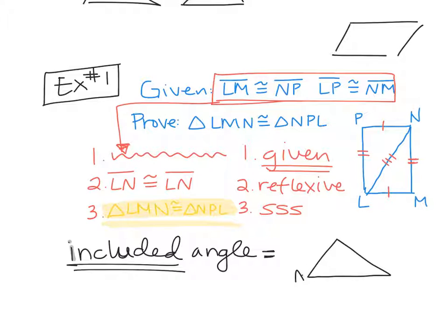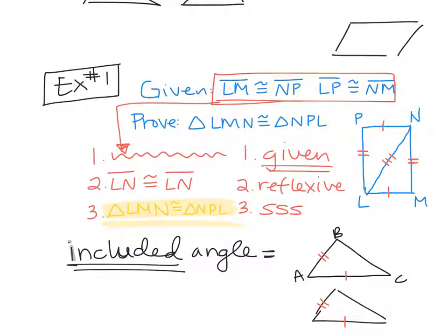So if I'm talking about triangle ABC here, let's say we got two triangles. I'm not gonna worry about letters for the other one. So I know these are congruent and I know these are congruent. What we need is called an included angle. And think about what it means to be included. You're with someone, right? If you're included. So the included angle is the angle that falls between those two sides that we know.